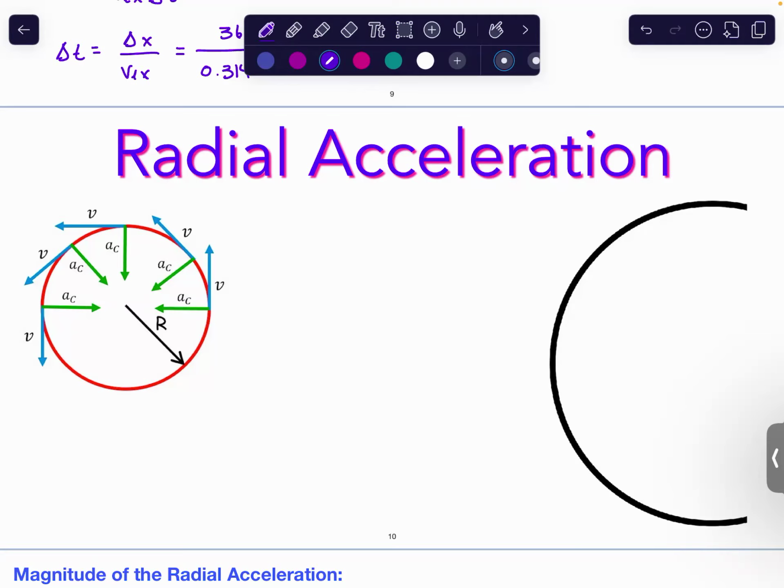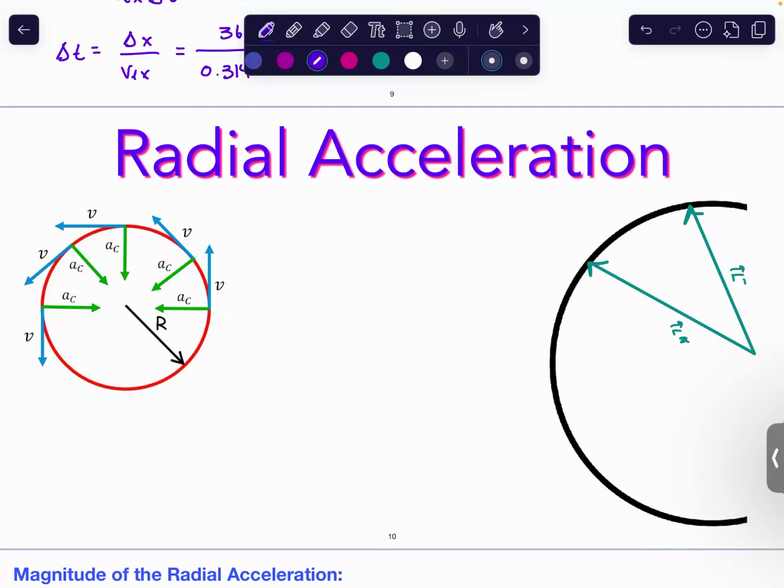Let's say we start with, no, it's not quite the center of the circle. Just pretend those are at the center of the circle. So we can look at this in terms of position vectors.